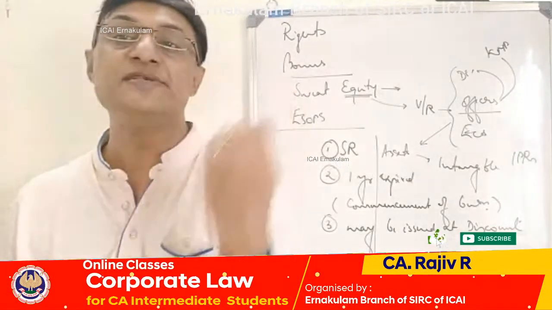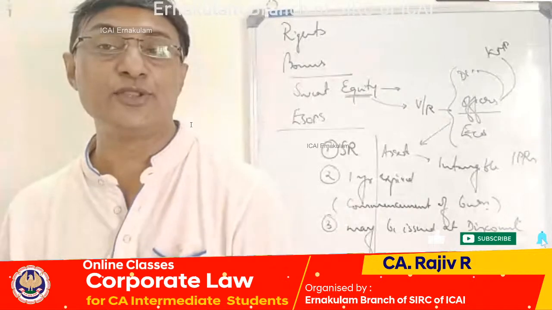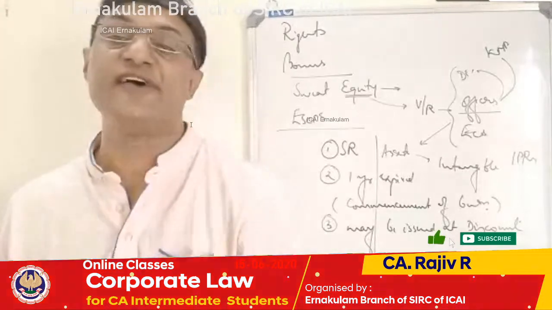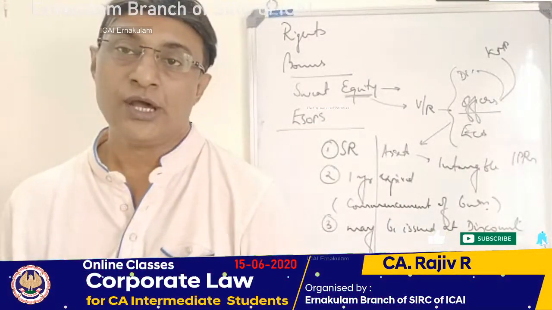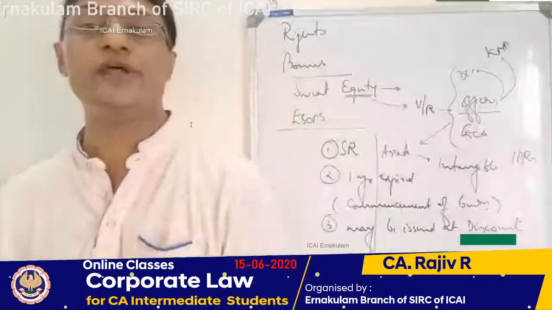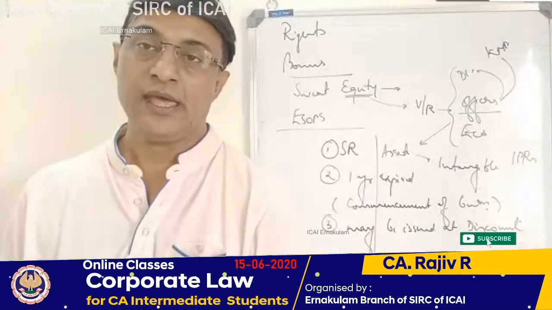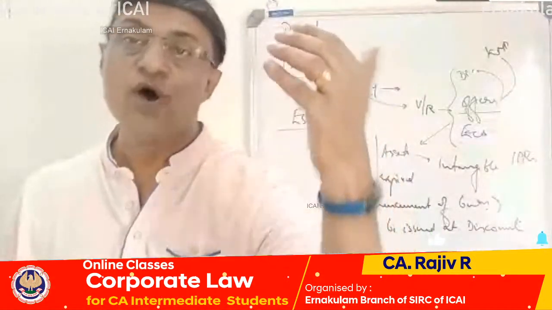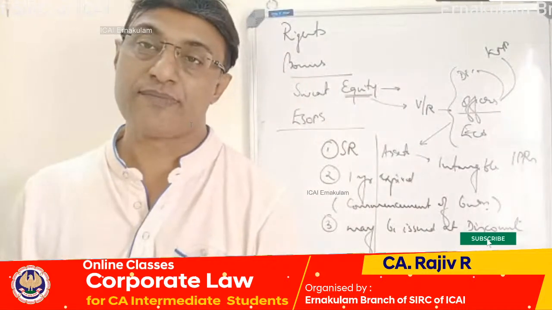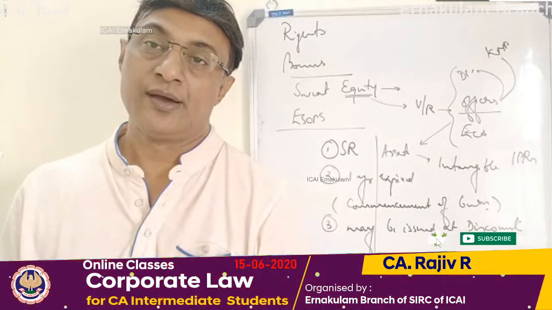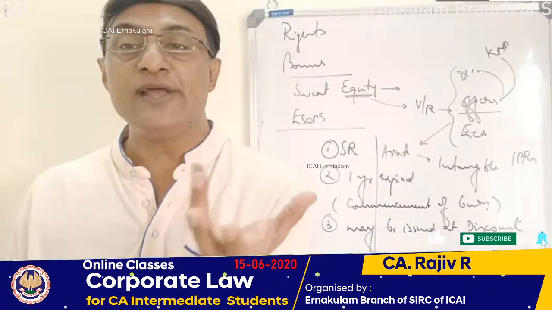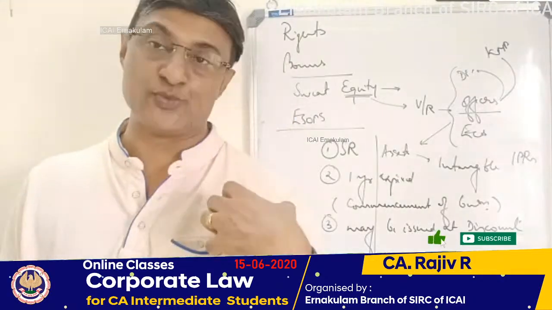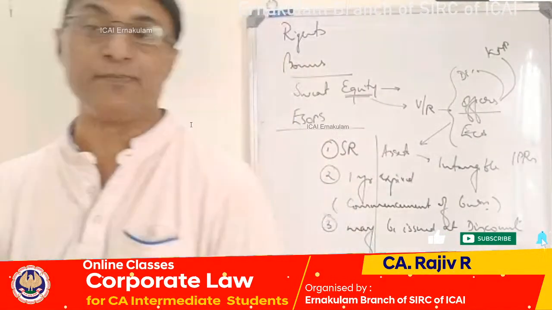In fact, that is what happens in a rights issue, and I was connecting that with your accounting standard 20, the theoretical ex-rights fair value. What is the basis, what is the calculation which a shareholder makes in making his choice or decision whether to accept, reject, or renounce a rights issue? Because the shareholder will calculate his total net wealth and the cost of acquiring that net wealth in the form of shareholding in the company.